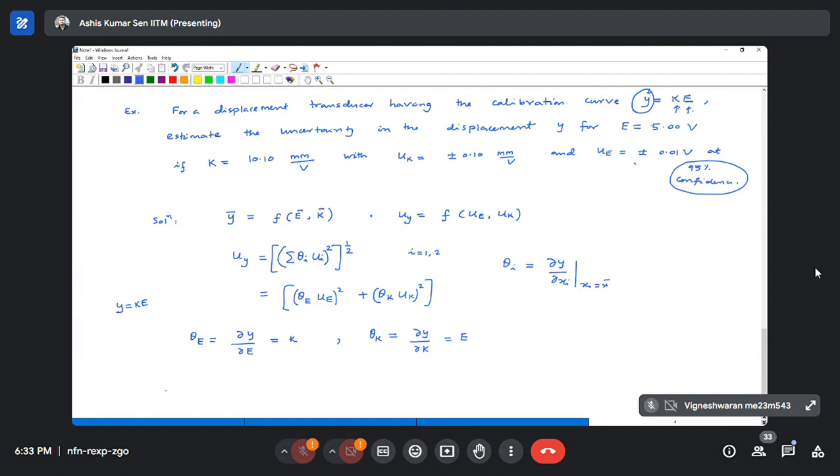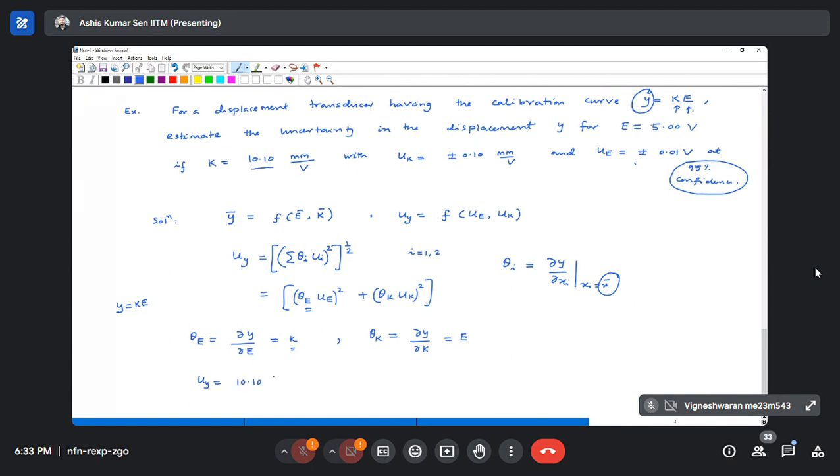So if you just substitute the values, first theta E is your k, and it should be the nominal value of k, which is 10.10.